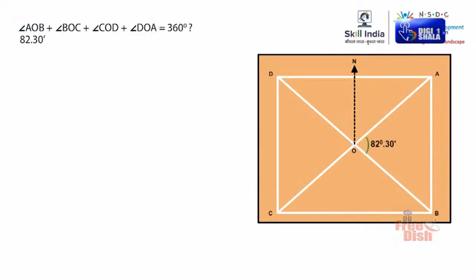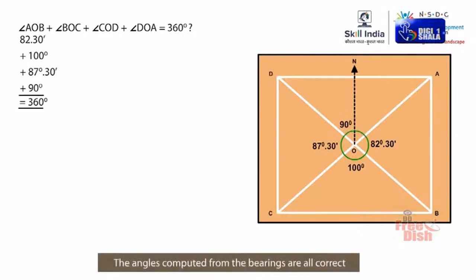This is equal to 82 degrees, 30 minutes plus 100 degrees plus 87 degrees, 30 minutes plus 90 degrees. As this sum is equal to 360 degrees, we can say that the angles computed from the bearings are all correct.